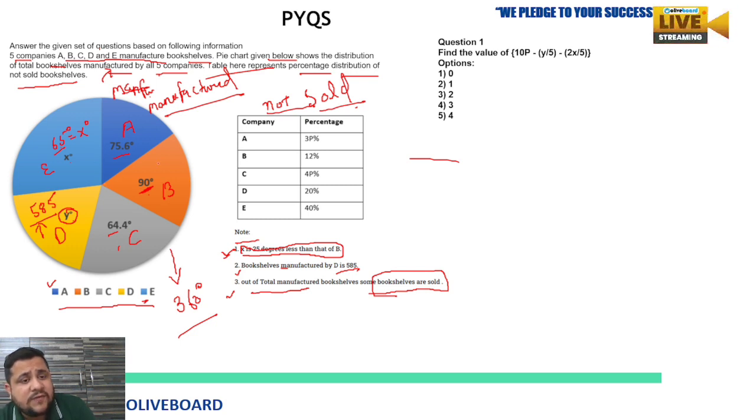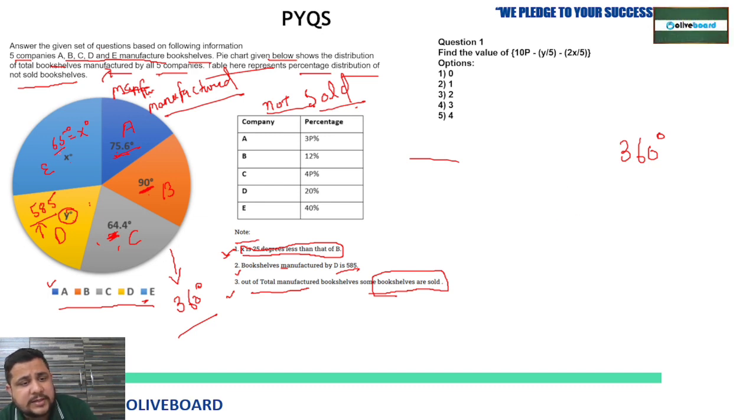The sum of all these five sections must be 360. So 75.6 plus 90 is 165.6 degree, plus 64.4, so it will become 230 degree.